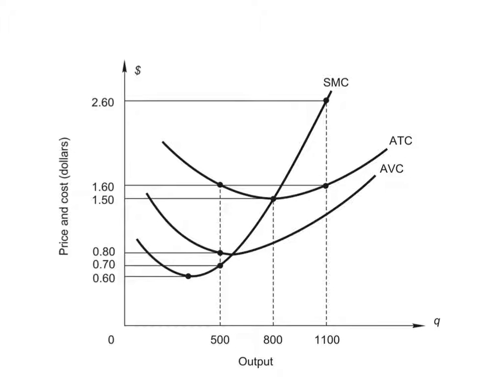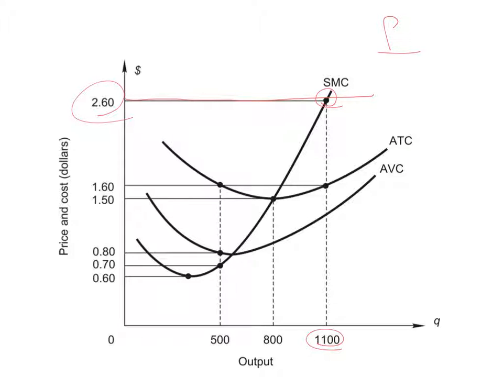So let's look at this graph and let's apply what we just learned. Let's suppose this perfectly competitive firm faces a market price of $2.60. If that's the case, we see that marginal revenue will equal marginal cost at a quantity of 1,100.